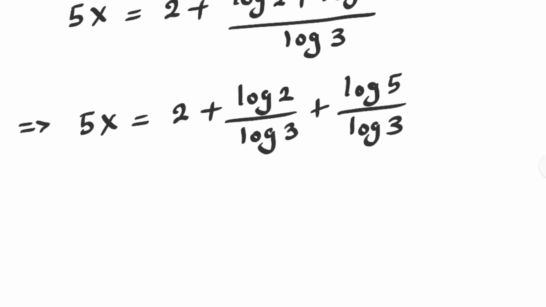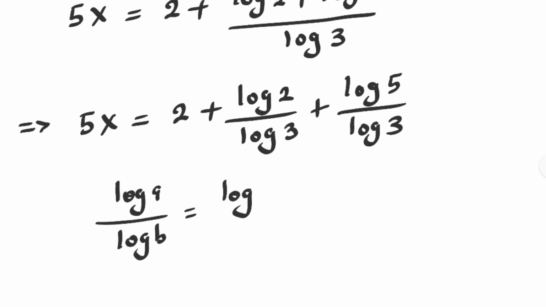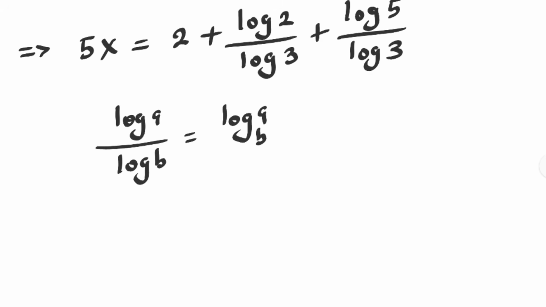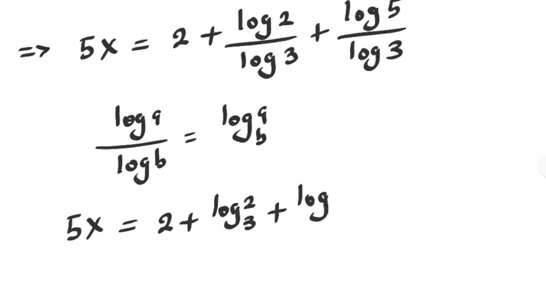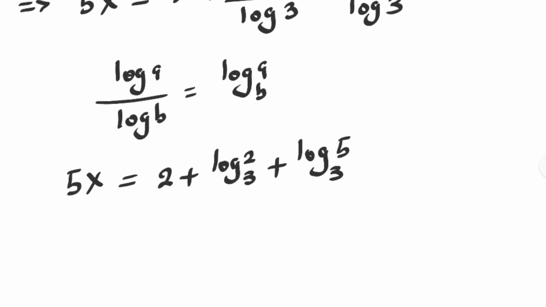If you have log A divided by log B, this is equal to log A base B. 5x is equal to 2 plus log 2 base 3 plus log 5 base 3. But we are looking for the value of x.